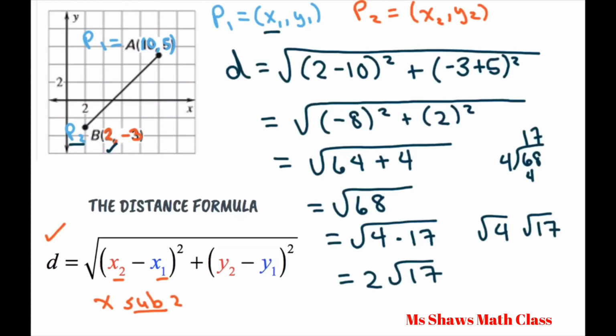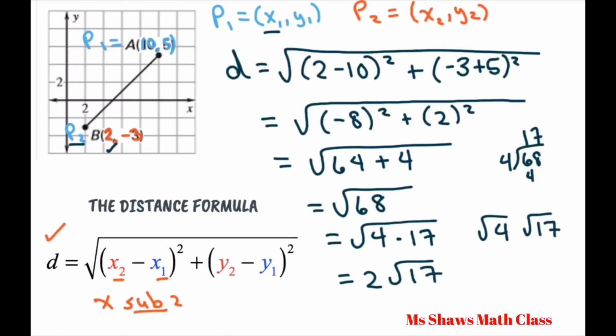So your distance is your x sub 2 is your point 2. So it's going to be 2 minus x sub 1, which is 10, square it, plus y sub 2 is negative 3, plus 5, which is your y sub 1.